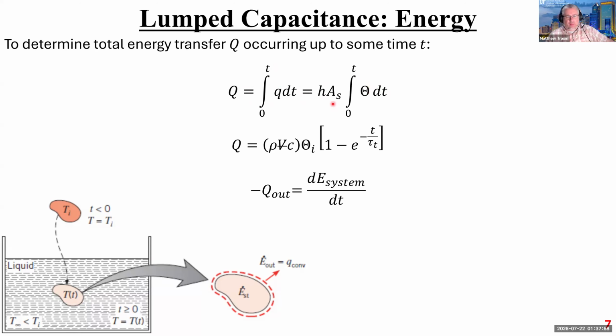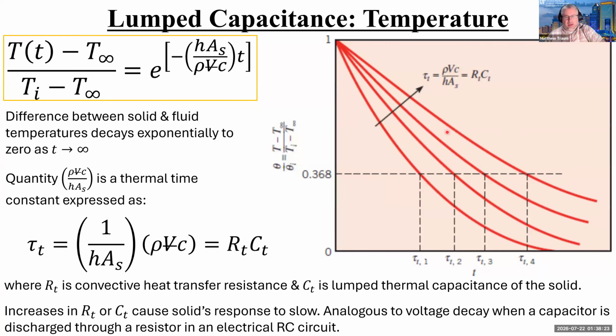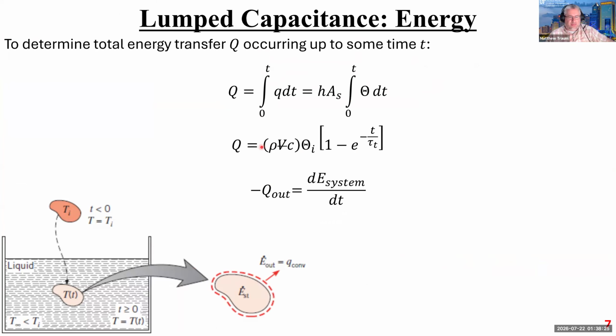Okay, and then what happens? Well, I get big Q, the total energy that gets transferred away from this object. That's just the integral from 0 to t of lowercase q dt. And on the other side of the equation, if we go back, it's all this, because this guy equals that guy equals Q. So here's my rho VC, and then here's my theta.